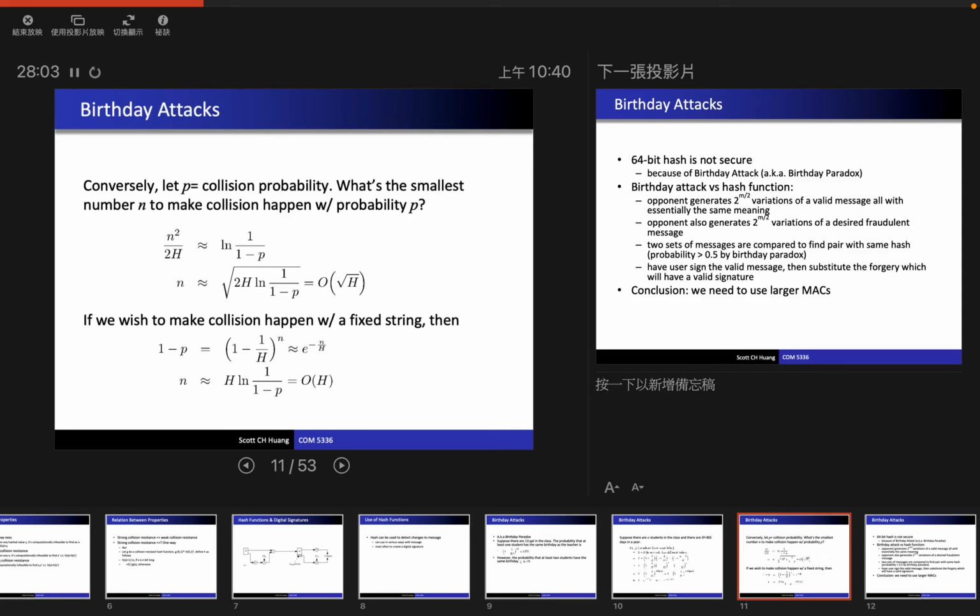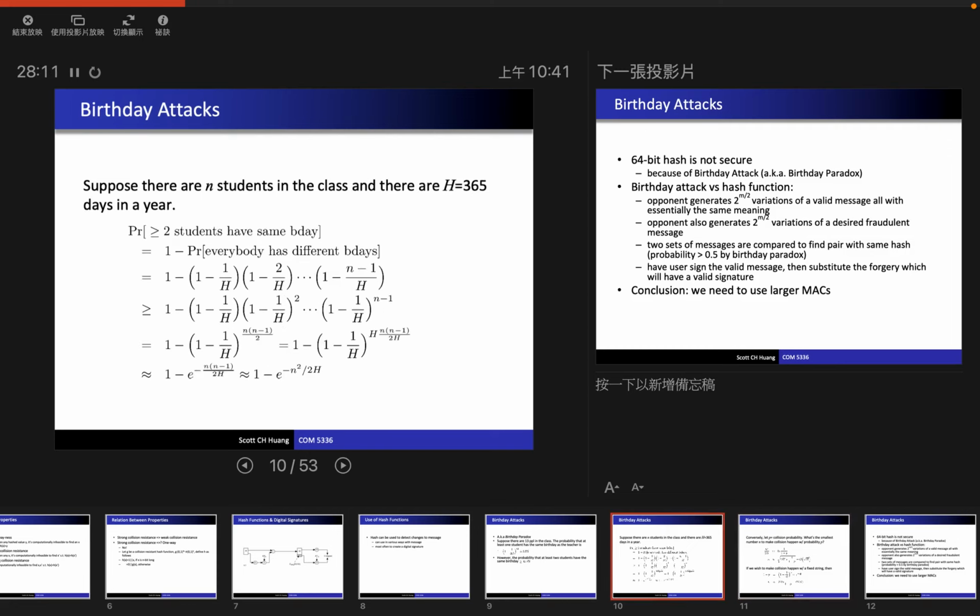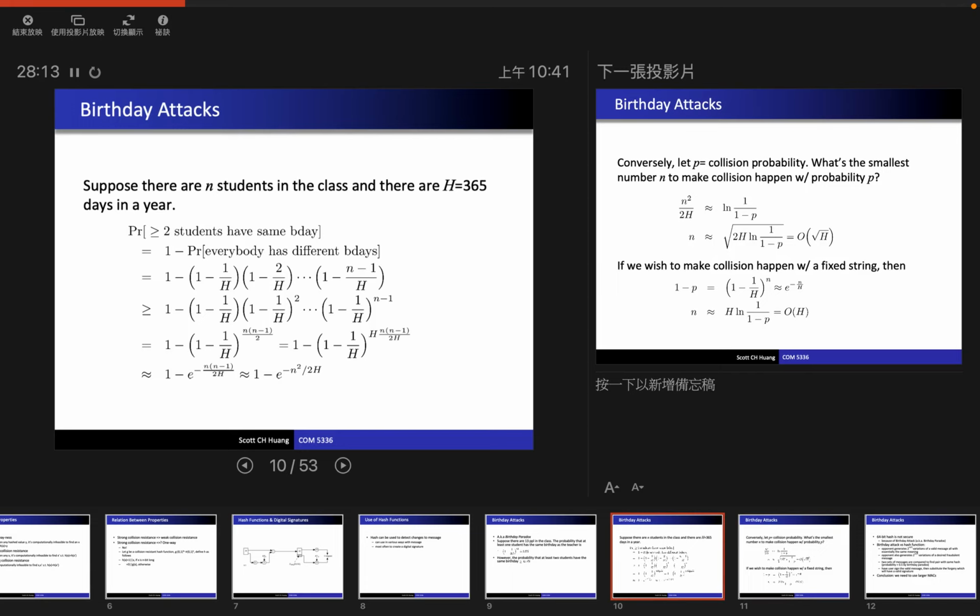So what do we do then? We wish to make this happen, right? So give me the probability P. We want to determine n such that this happens.